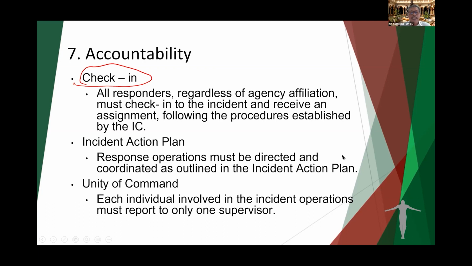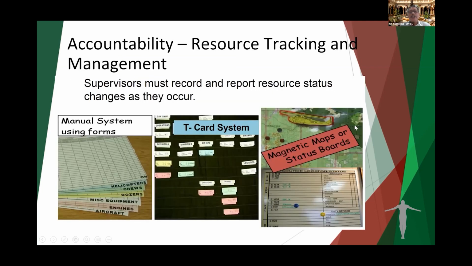And we have the unity of command in the ICS. Now, in resource tracking and management, supervisors must record and report resource status changes as they occur. They may use manual systems using ledgers, T-cards on the boards, or even magnetic maps or status boards.